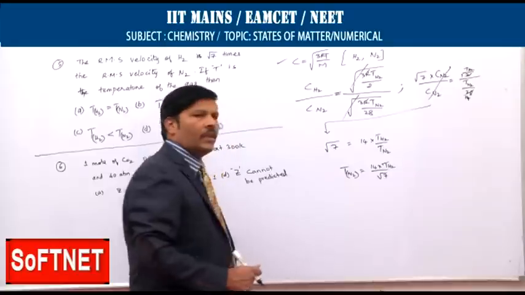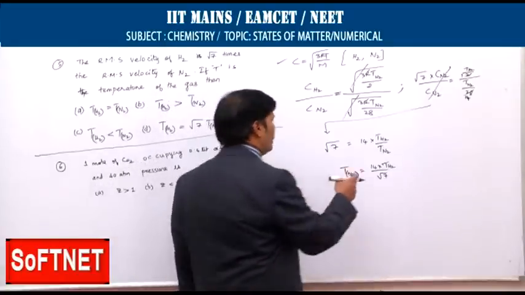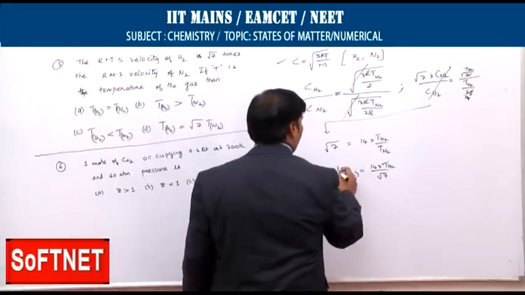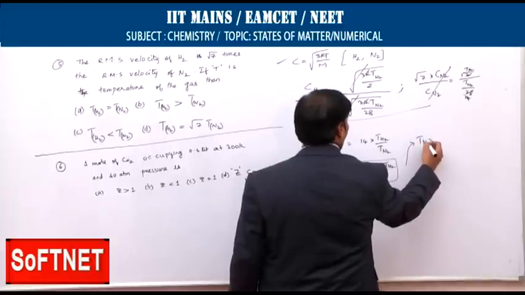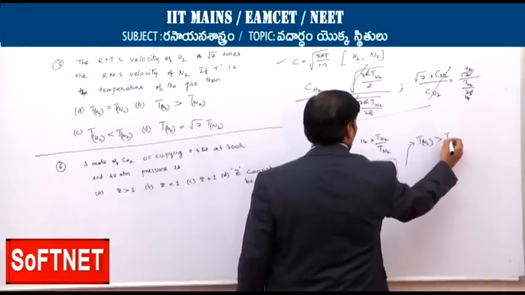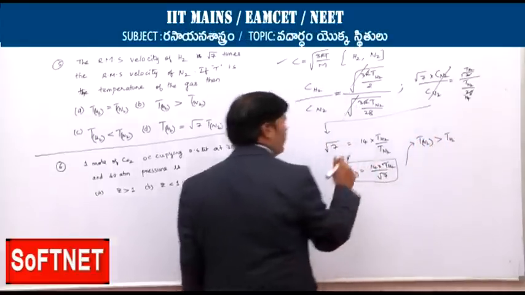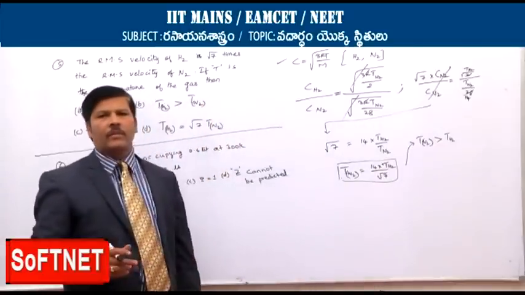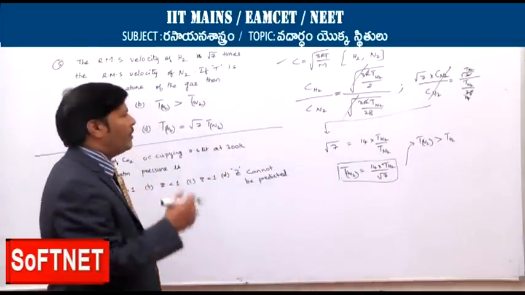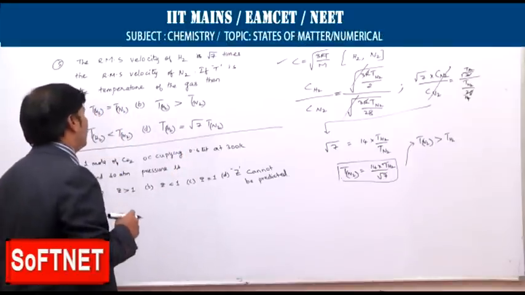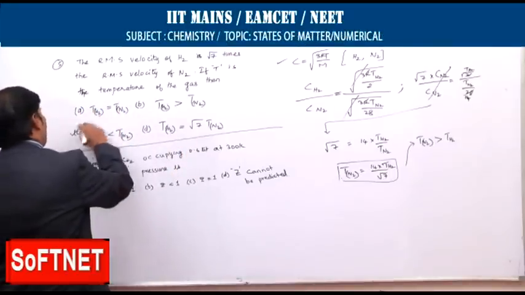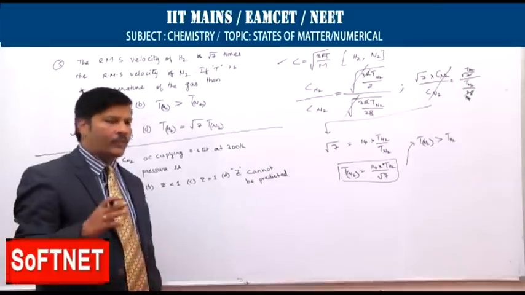It is very clear from this data that the temperature of nitrogen is definitely greater than the temperature of hydrogen, by 14 by root 7 times. So by looking at the data you can easily understand that option C is correct in this problem.